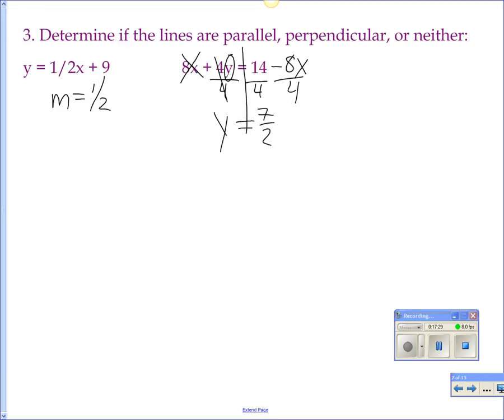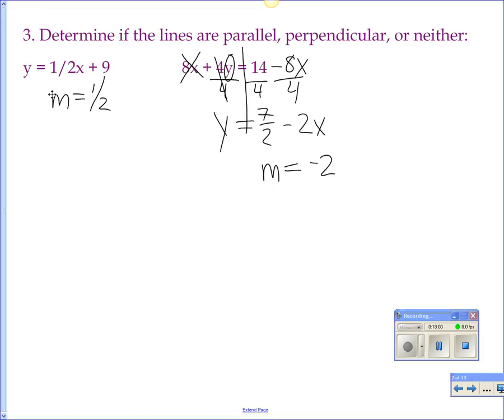Andrew, negative 8 over 4. All right, and you put your X with it. Okay, Joey, what is my M here? Which one's the M? The 7 over 2 or the negative 2? It's the one with the X. M is always the one with the X.